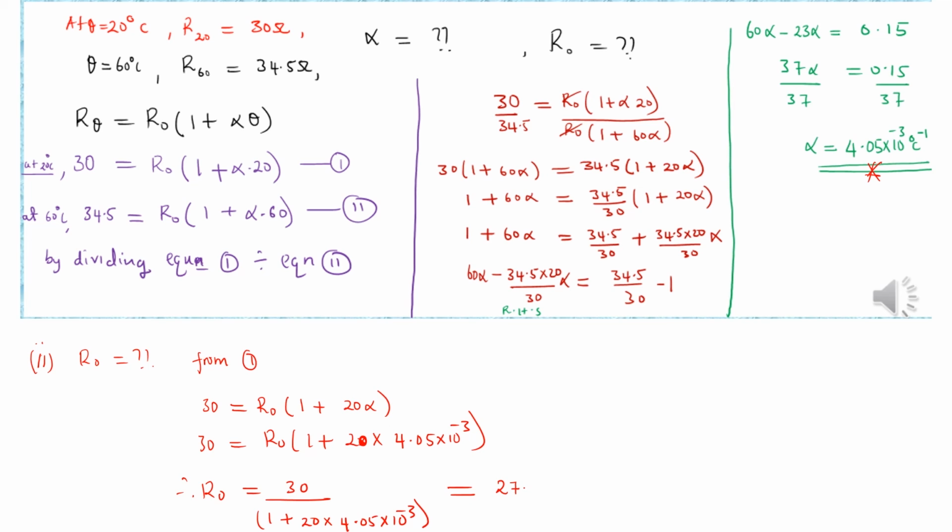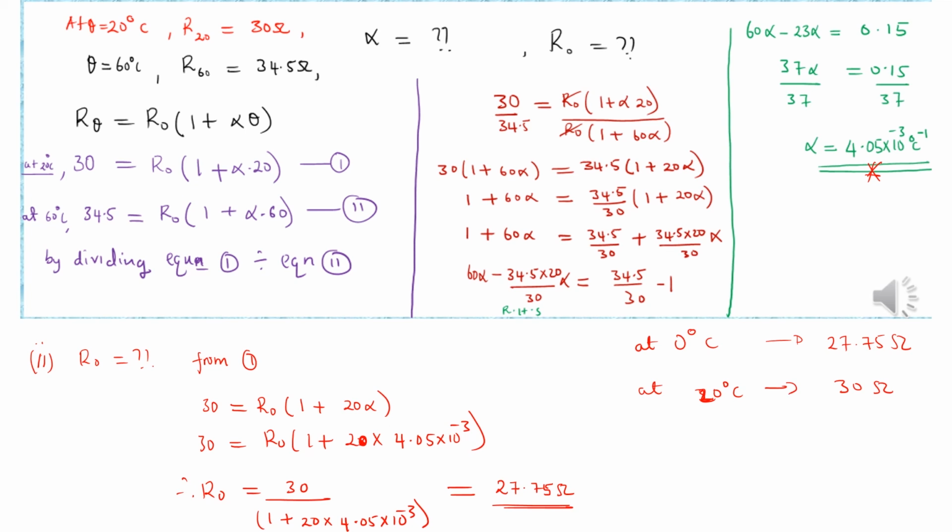Now you can see that at 0 degrees Celsius the resistance is 27.75 ohms, at 20 degrees Celsius the resistance is 30 ohms, and at 60 degrees Celsius the resistance is 34.5 ohms.